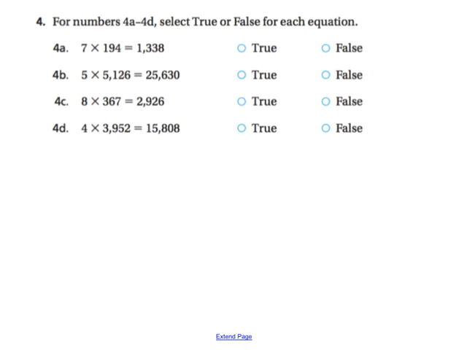And does the product turn out to be 1,338? If it is, then you're going to pick true. If it doesn't equal 1,338, you will choose false. So that's how 4a through 4d is done.